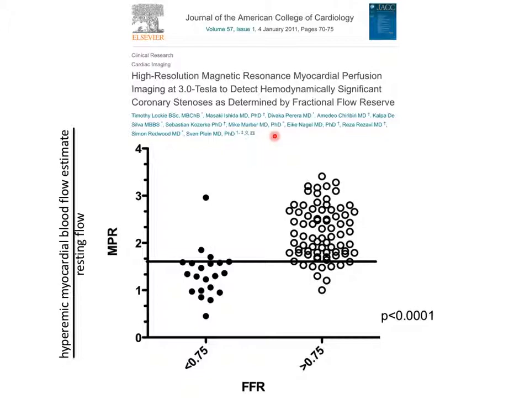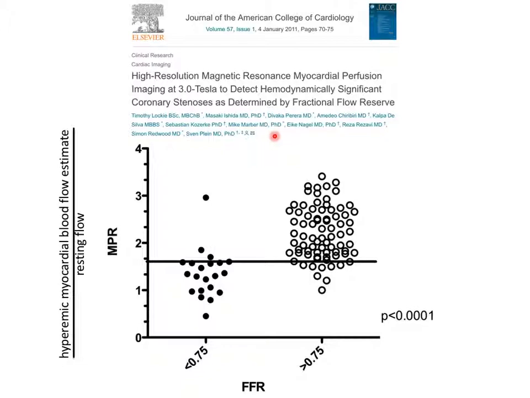If there is no difference in pressure across the lesion, that lesion is considered non-severe, right? So it can keep up with the flow demand. If, on the other hand, the pressure distal downstream drops by more than 20%, then you call that a significant lesion, in the sense that it has a hemodynamic effect on that vessel and on that patient.